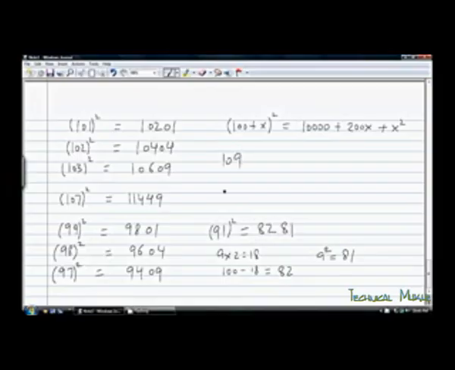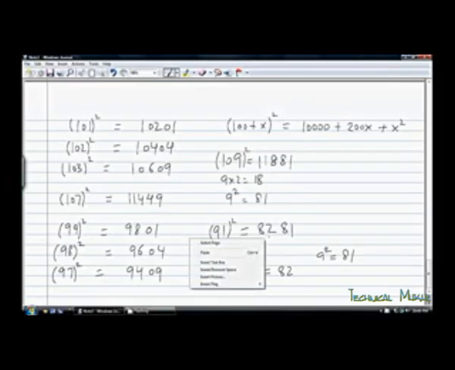Similarly, for 109, 9 times 2 is equal to 18, so I will write 118, and then 9 squared is equal to 81, so that will be 81. So you see that the last two digits are always the same, but in this case we are adding 18 to the 100, and here we are subtracting 18 from the 100.